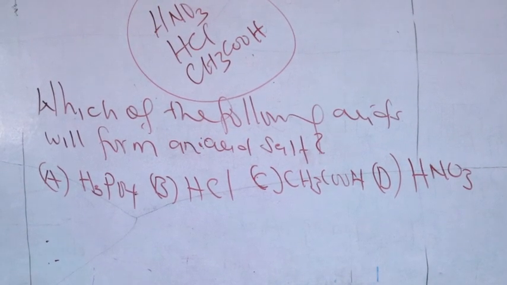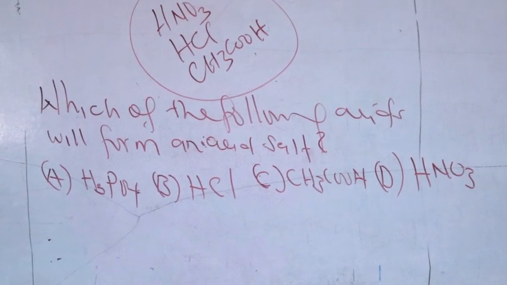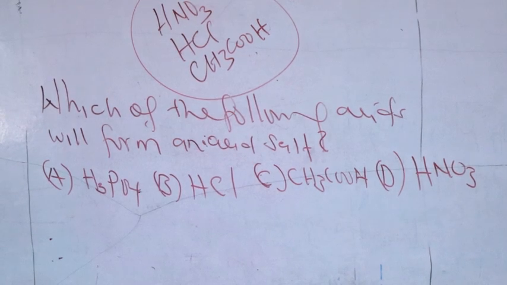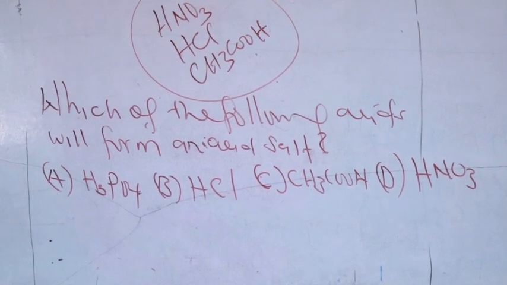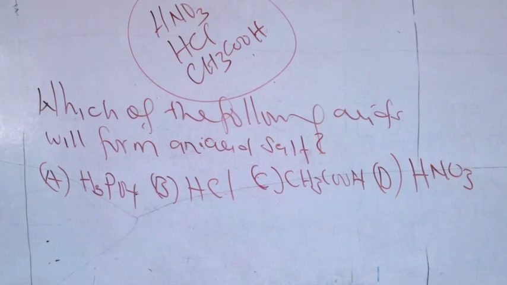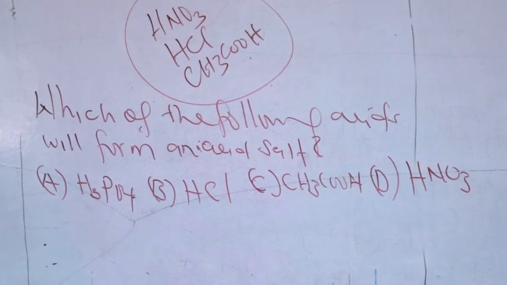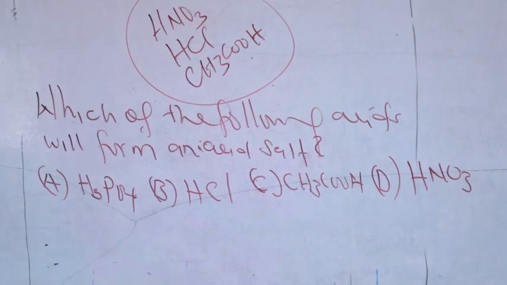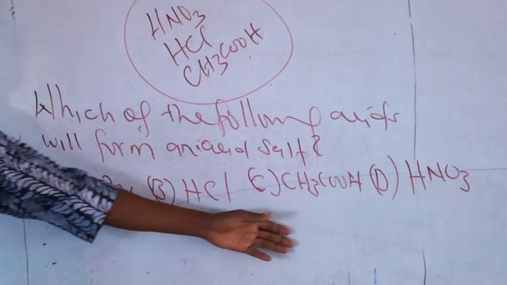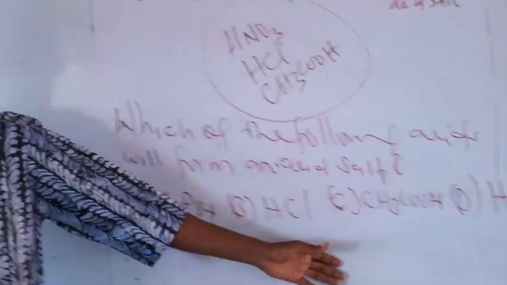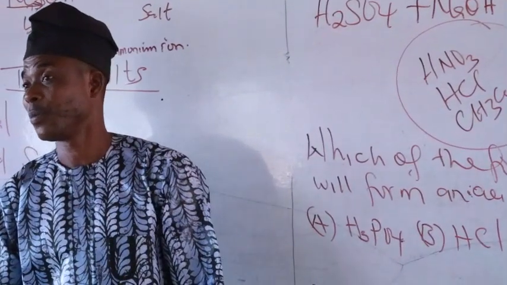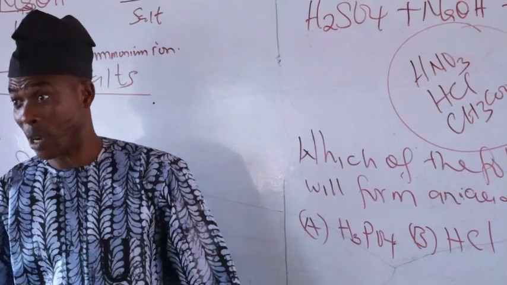You have A, H3PO4, B, HCl, C, CH3COOH, then D, HNO3. All the other acids there are monobasic, and a monobasic acid cannot form an acid salt. I hope that is clear.